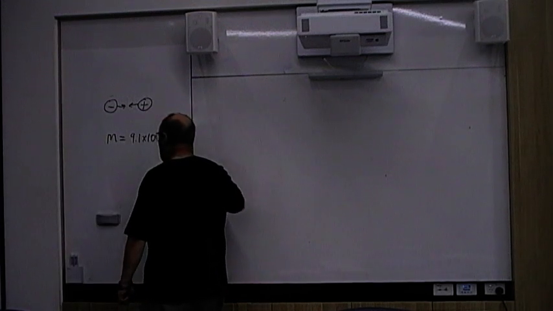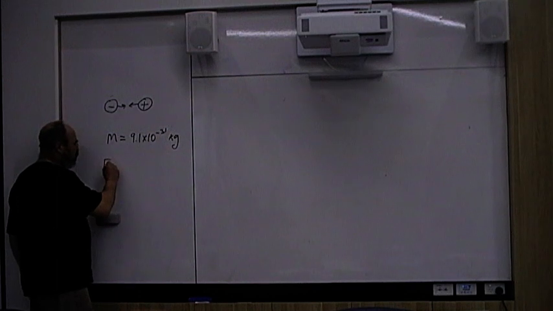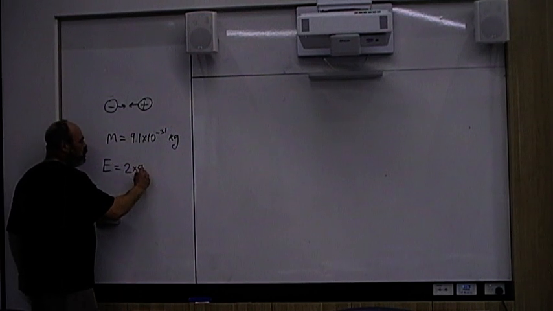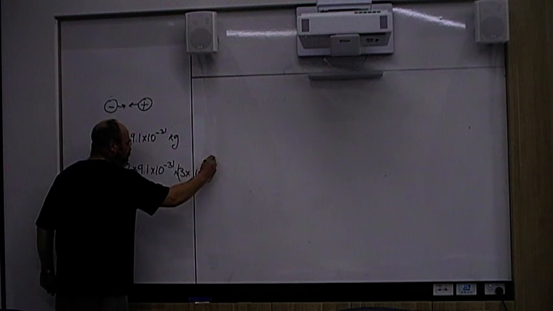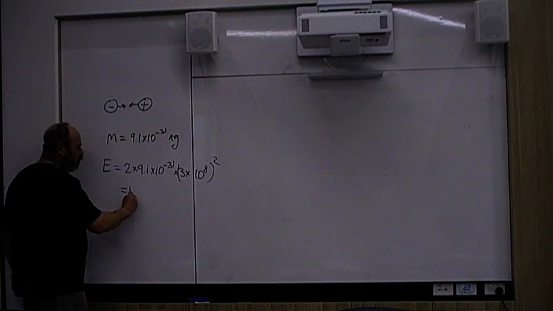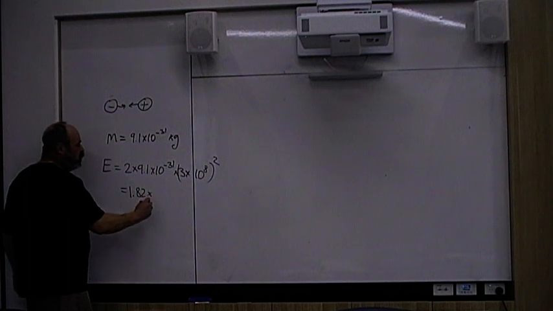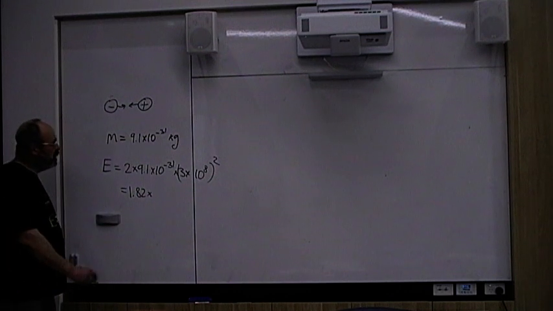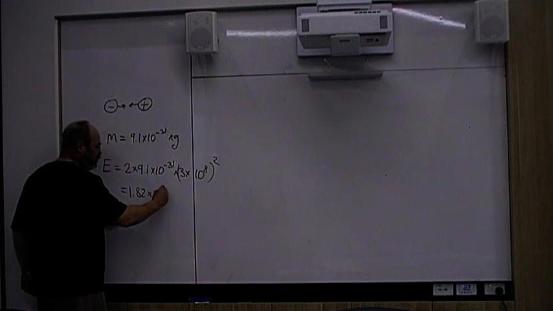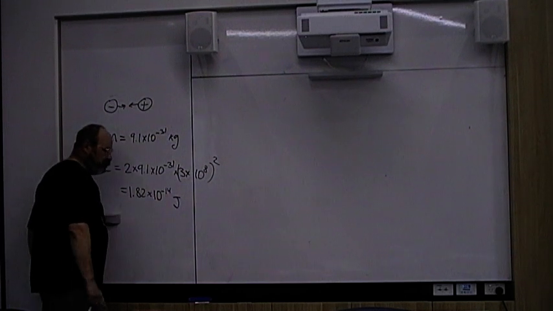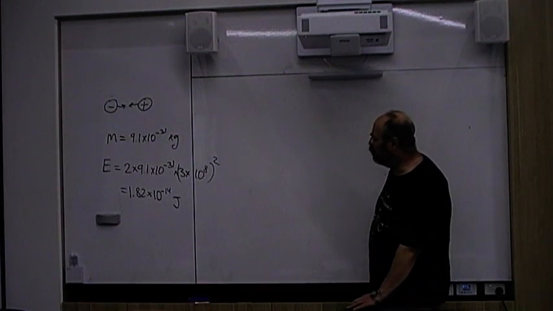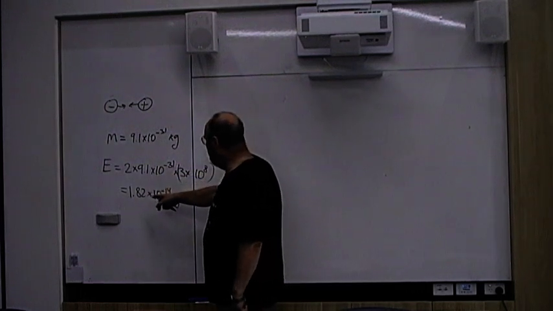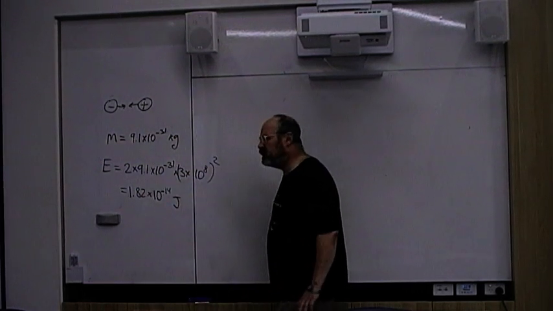So we have two of them, so the energy released will be equal to 2 times 9.1 times 10 to the negative 31 times (3 times 10 to the power of 8) squared. So it will be 1.82 times 10 to the negative 14 joules.